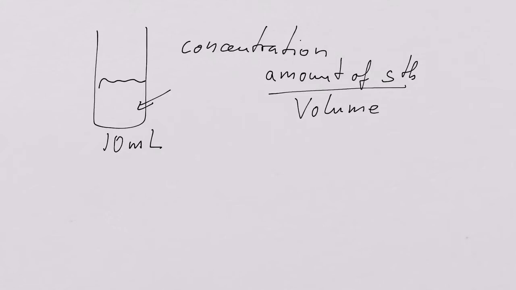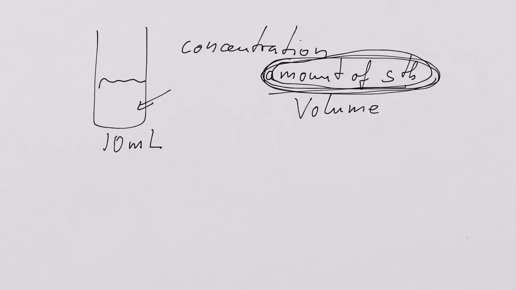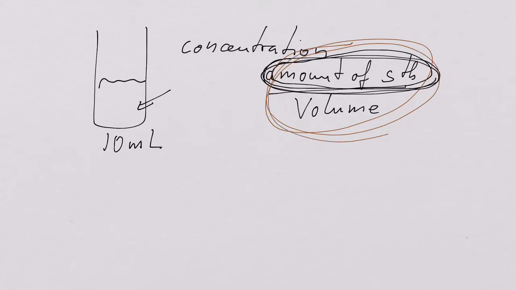Mole is just simply a number. It's an amount of something. That is a mole here. A concentration is this one. It has the volume component in it as well.